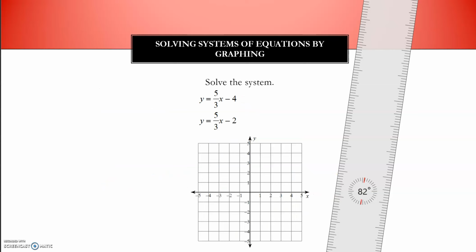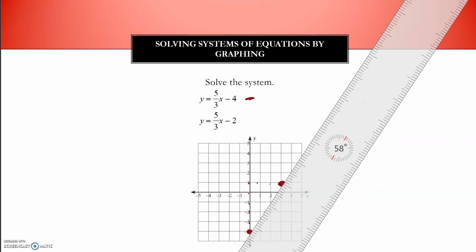The last one, as promised, is a no solution. You may already know why. So I'm going to take the first one, -4. The slope is 5/3, so I'm going to go up 5, 1, 2, 3, 4, 5, and over 3, 1, 2, 3, and I'm going to draw my line.